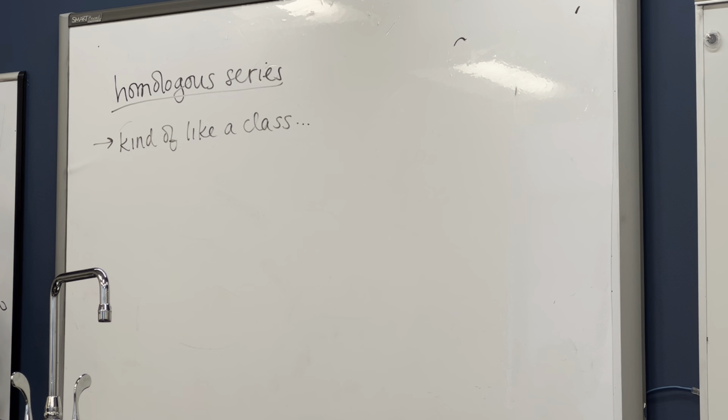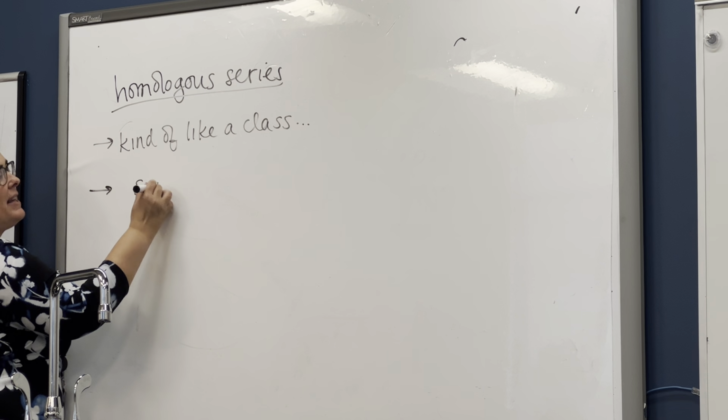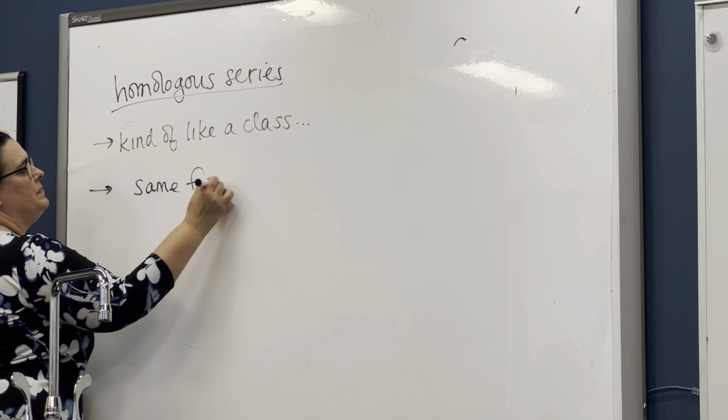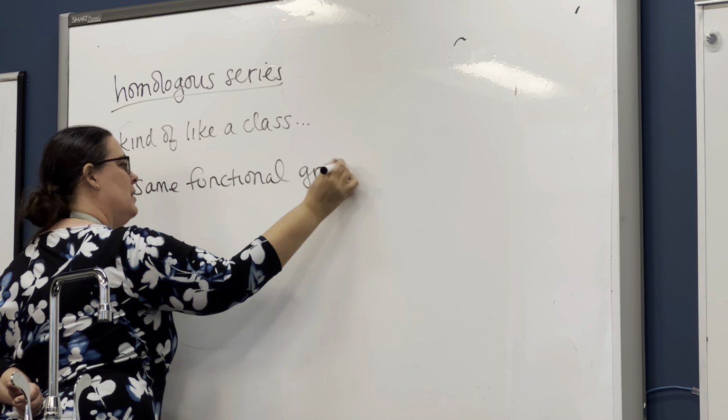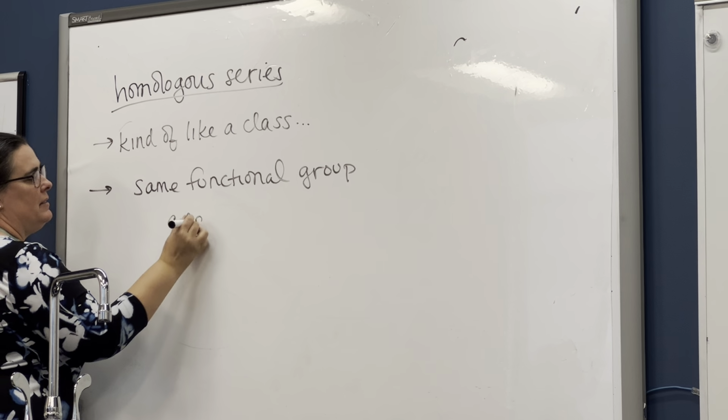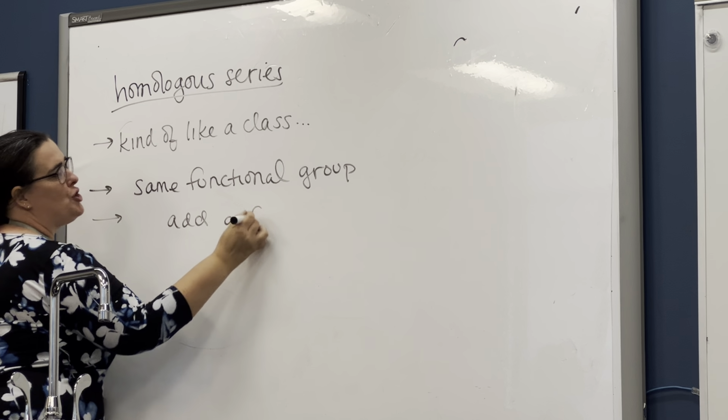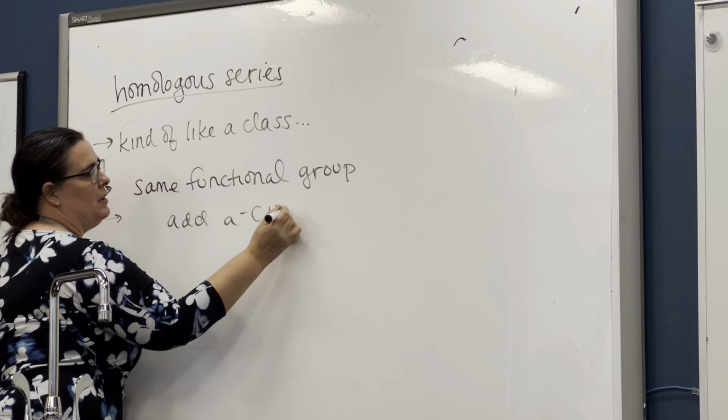A homologous series is a word you'll see as a vocabulary term in 10.1. Homologous. I feel like y'all might know what homologs are, analogs, homologs. But the idea here is that it's a series of things that behave similarly, and the reason that they behave similarly is because they have the same functional group. But you add a CH2 group.